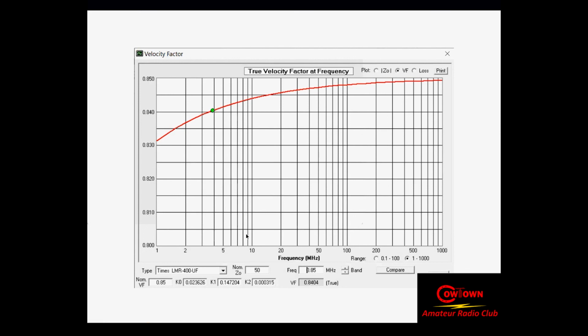And this is part of the challenge with these off-center fed antennas: as the frequency changes on the coax, the feed point on the coax is actually changing. It's moving because of the change in the electrical length of that coax at the different frequencies.